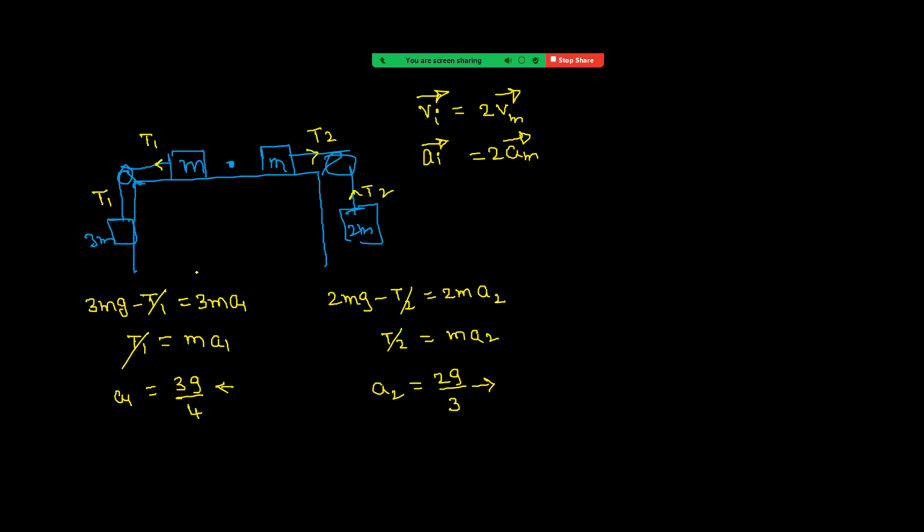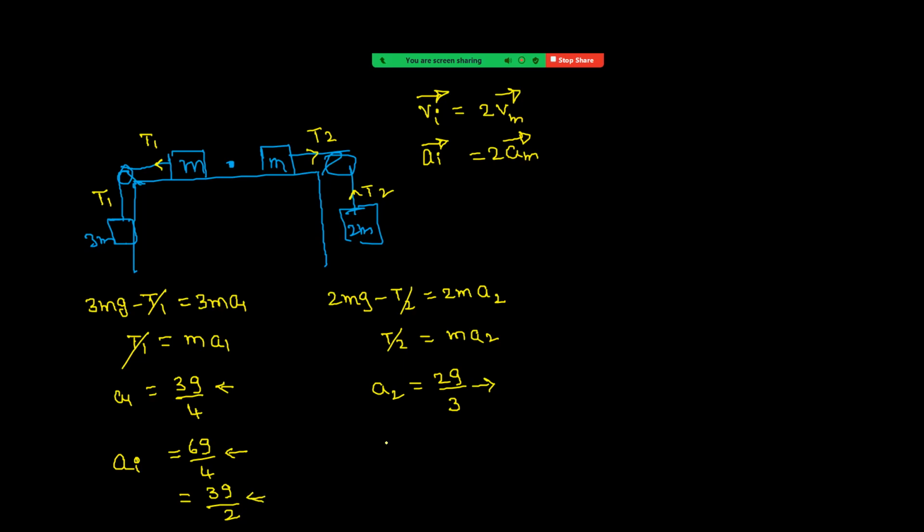Okay. That means the acceleration of the image will be how much? Twice. Twice means it becomes 6g by 4. Direction is the same. It is left side. That means it is 3g by 2, left side.